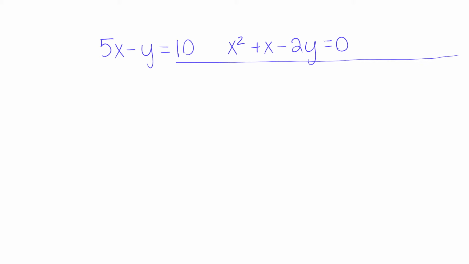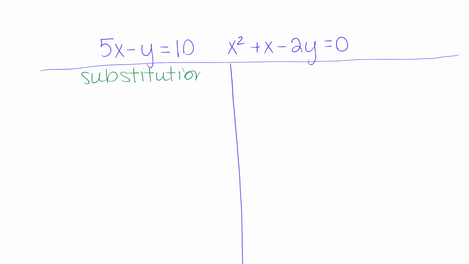So here's our system, and we're going to do this in two ways. We're going to start with substitution. Did I spell that right? Yes. So we have 5x minus y equals 10, and x squared plus x minus 2y equals 0.